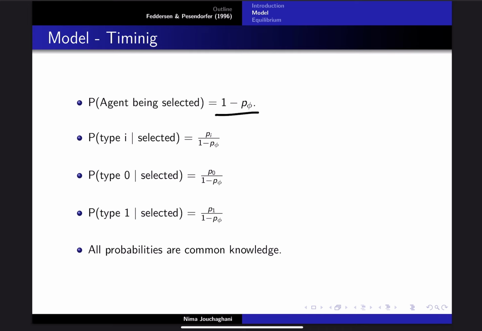The probability of an agent being of type independent, conditional on being selected, is then pi divided by 1 minus p of phi.